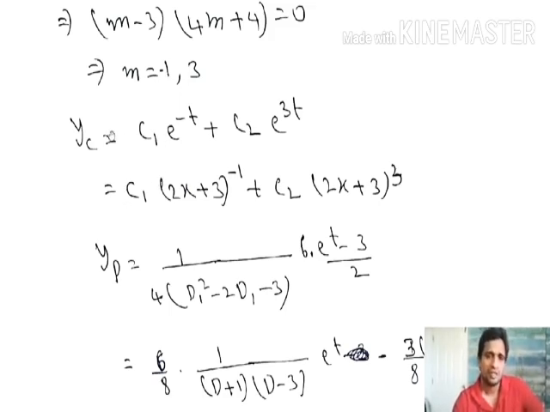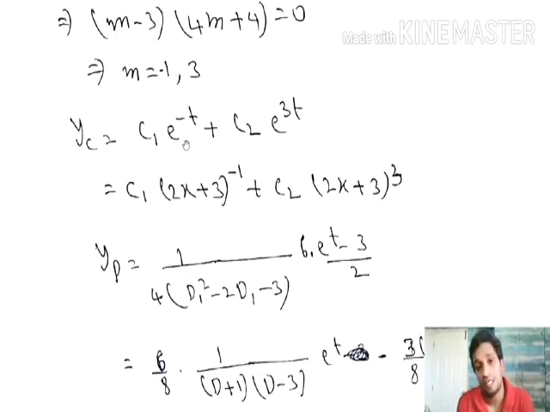So the roots are minus 1 and 3 in terms of t. So yc is equal to c1 e power minus t plus c2 e power 3t. But instead of e power t, what we have assumed, 2x plus 3 is equal to e power t. So e power minus t will be (2x plus 3) whole power minus 1, or (2x plus 3) inverse. So c1 (2x plus 3) inverse, c2 (2x plus 3) cubed.